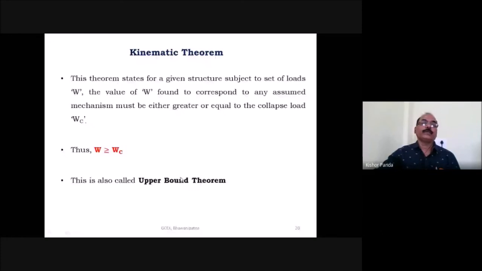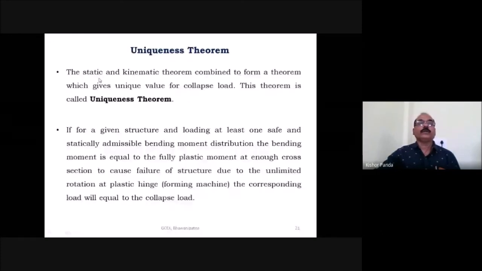Then what is the uniqueness theorem? The static and kinematic theorems combine to form a theorem which gives a unique value for the collapse load. This theorem is called the uniqueness theorem.